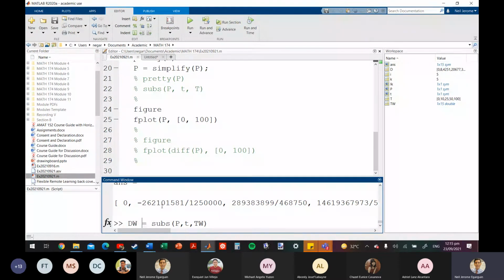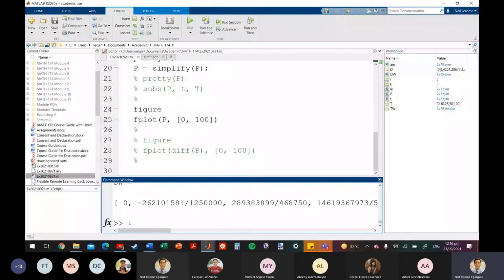Kaya lang naka-fraction siya kasi symbolic variable yung dw. So pinalabas talaga ni MATLAB para makita ko yung exact fractions dun sa final answer.